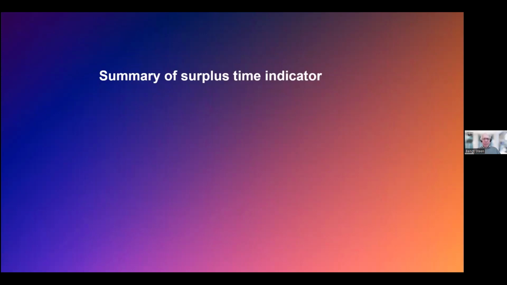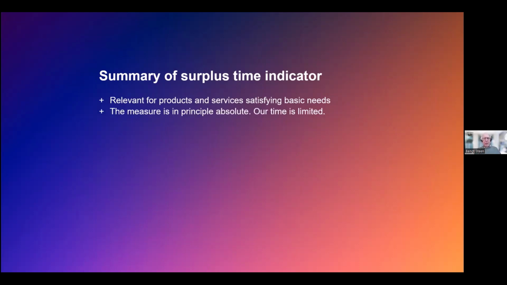So if we reflect on this new indicator, what are the pluses and minuses? I think it's relevant for products and services satisfying basic needs, and the focus of the Brundtland report, for instance, is on basic needs. So for sustainable development, this is very much in focus, and the measure is in principle absolute.